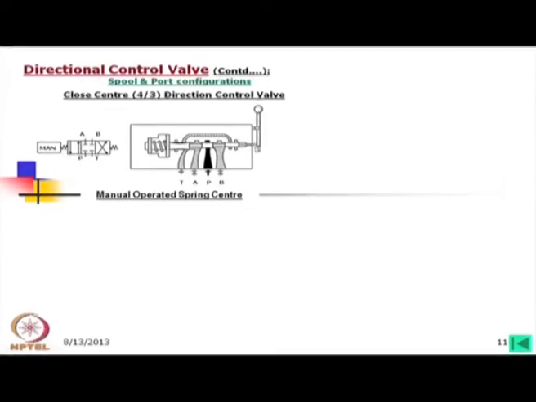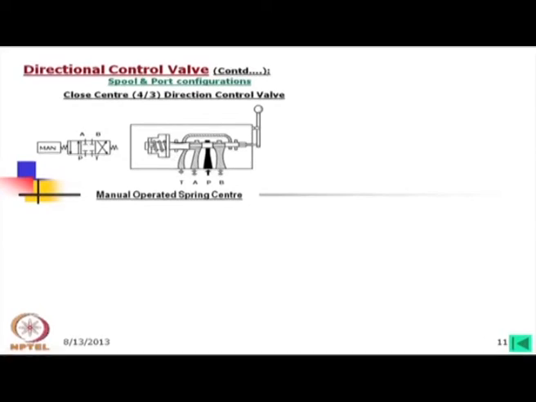If you look into this lever, of course, the symbol and this figure are in opposite directions. We operate this lever to push the spool to the left side or right side. On the other side, a spring is not shown here, but as it is called, this is a spring return.